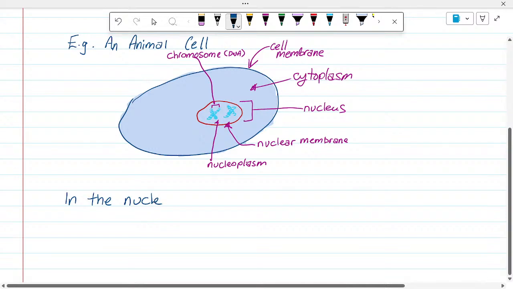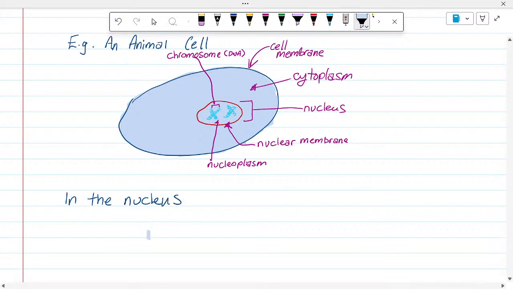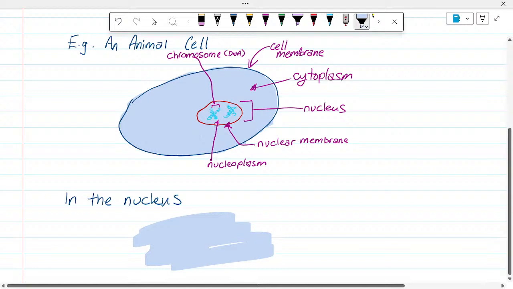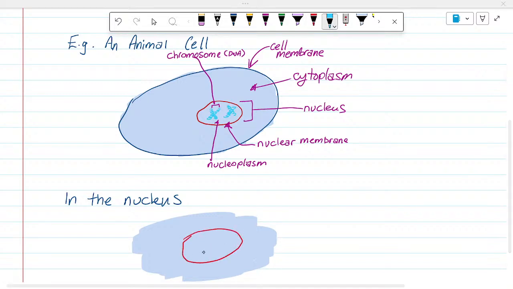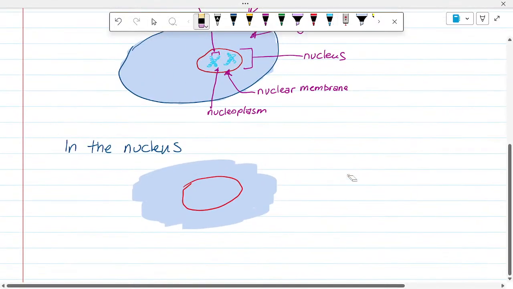So if we look in the nucleus, let's imagine here we are. We'll zoom in a little bit. We'll take a few notes.